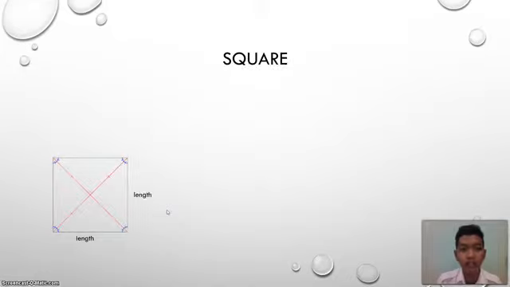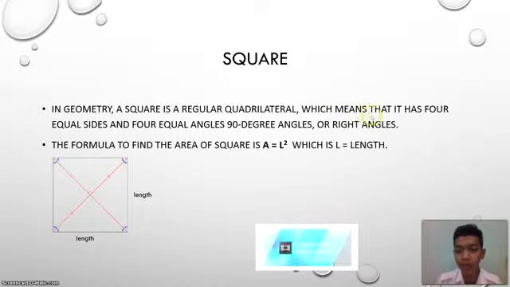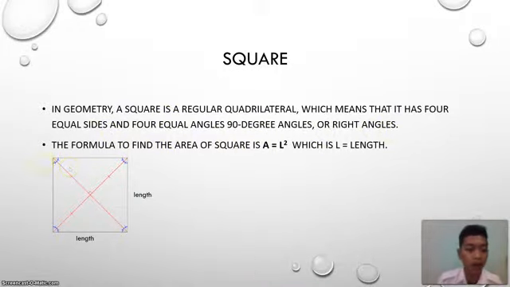For the second shape, I want to explain about square. In geometry, a square is a regular quadrilateral, which means that it has four equal sides and four equal angles, 90-degree angles or right angles.